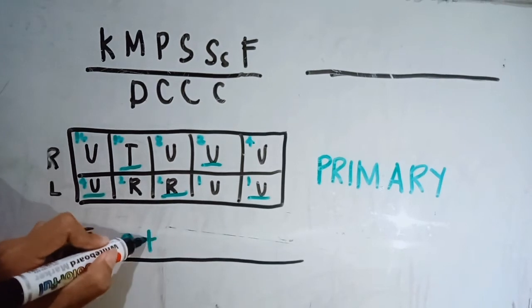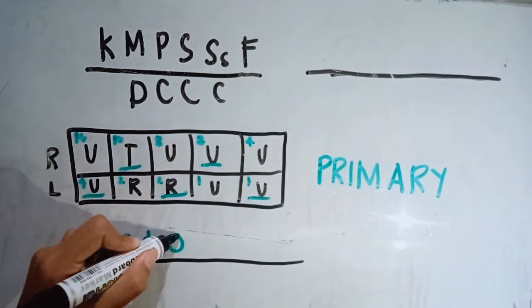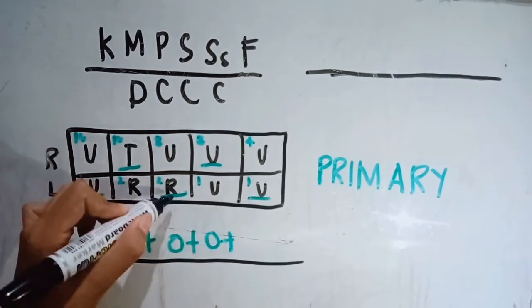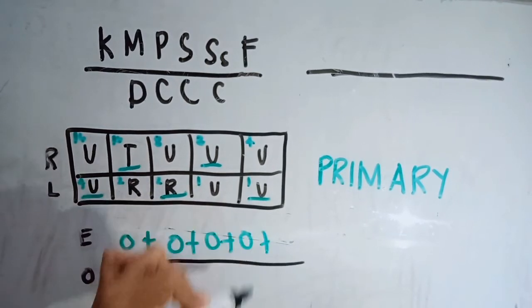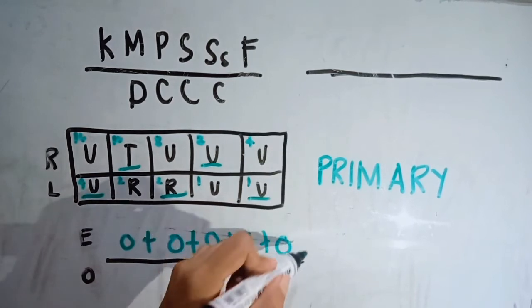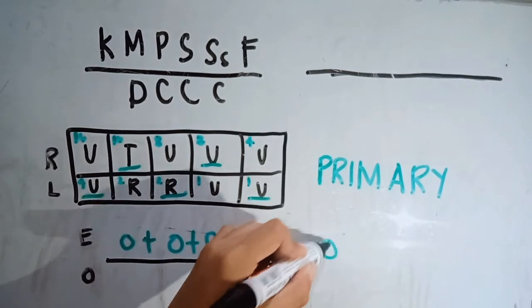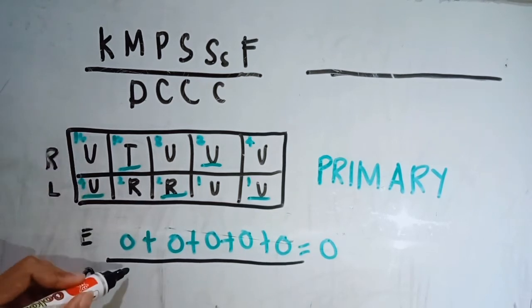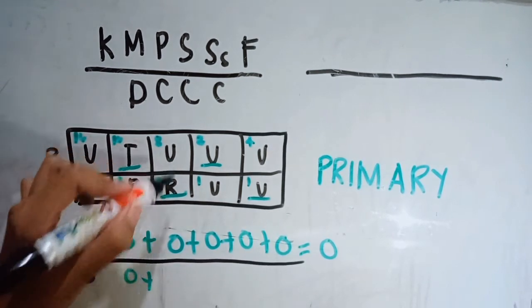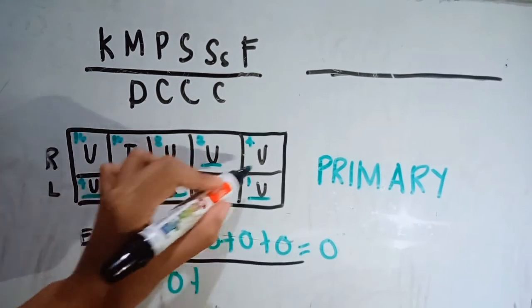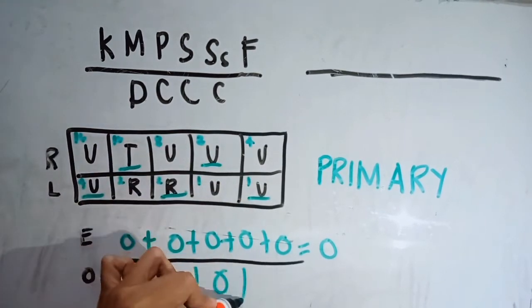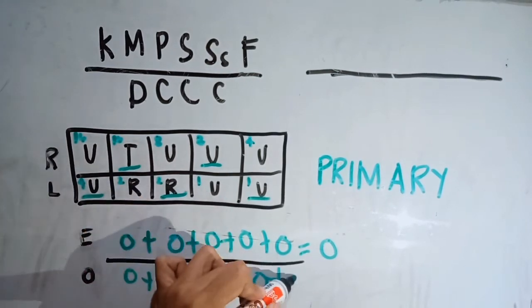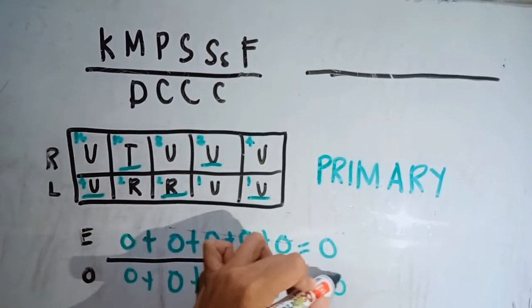0 plus 0 plus 0 plus 0 plus 0 is equal to 0. And the odd number: 0 plus 0 plus 0 plus 0 plus 0 is equal to 0.